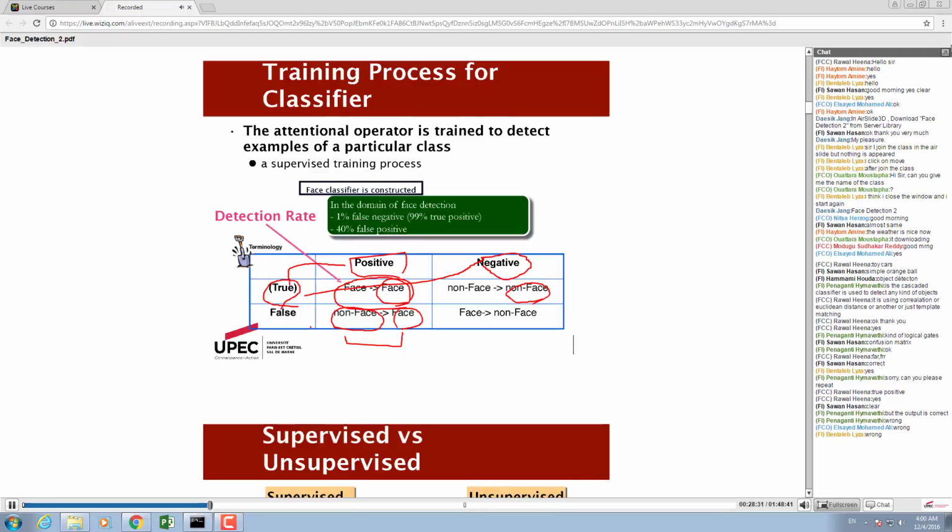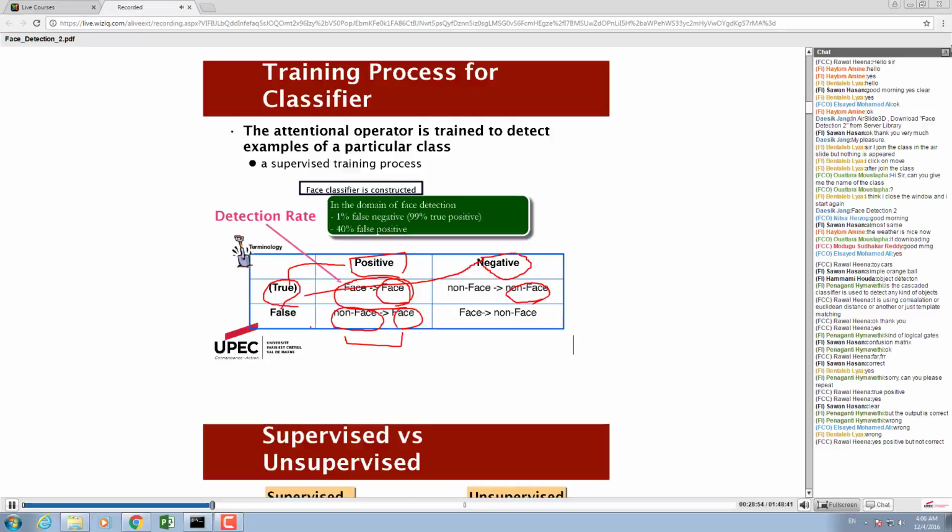So it is false. In this sense, we say false positive. The classifier is saying positive, but it is not correct. So this is called false positive. Wrong answer. Wrong positive. The false means wrong.